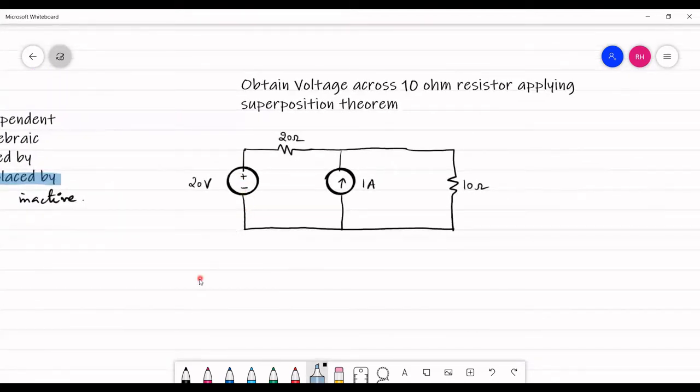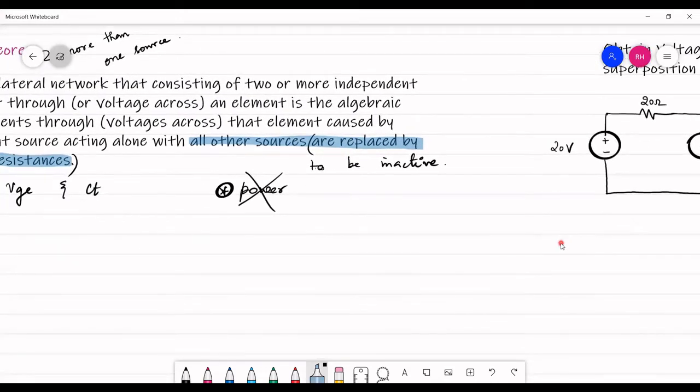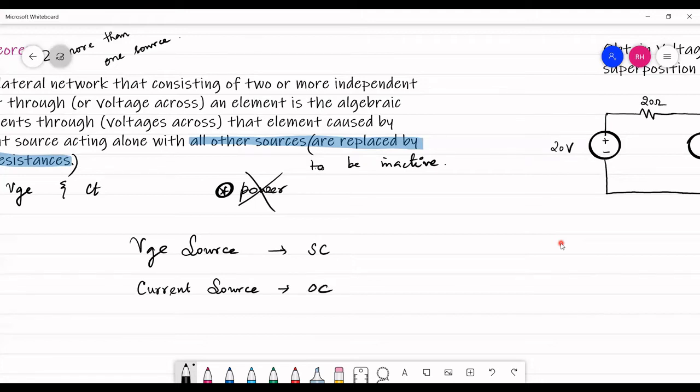So remember, whenever you want to make a voltage source to be inactive, you have to replace the voltage source with a short circuit. And if you want to make your current source inactive, then you have to open circuit a current source. Remember, current flows in your circuit as long as the circuit is closed, right?